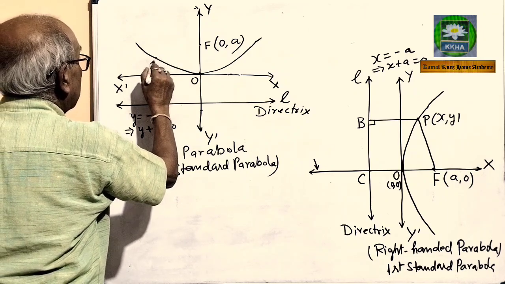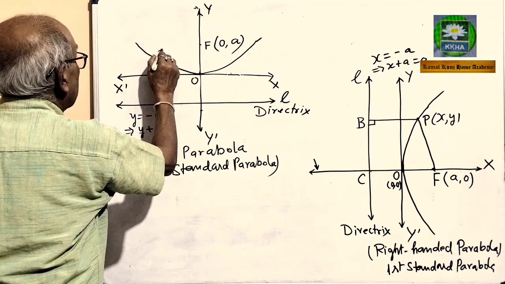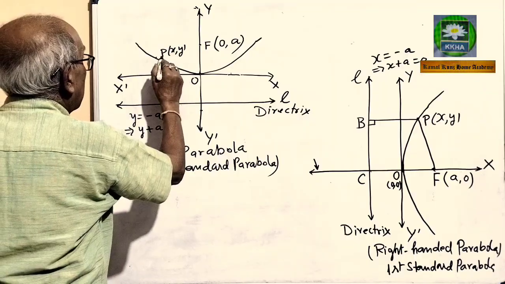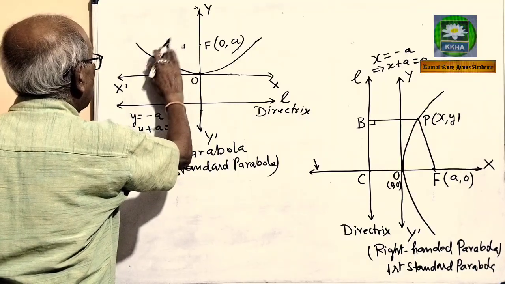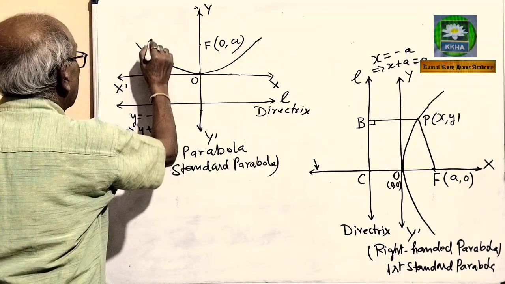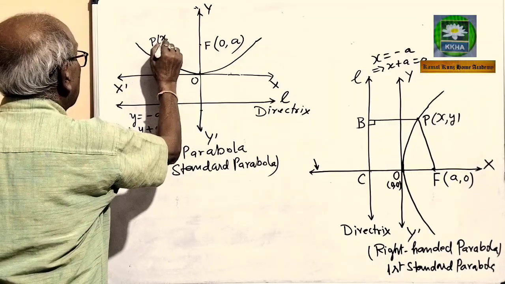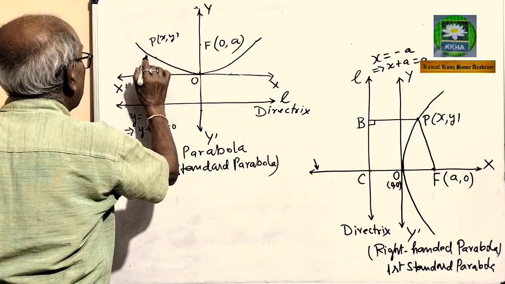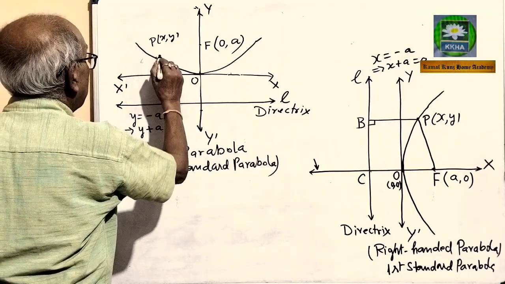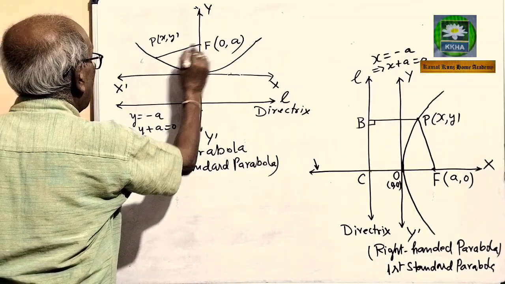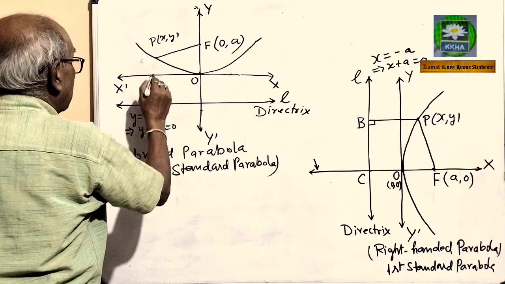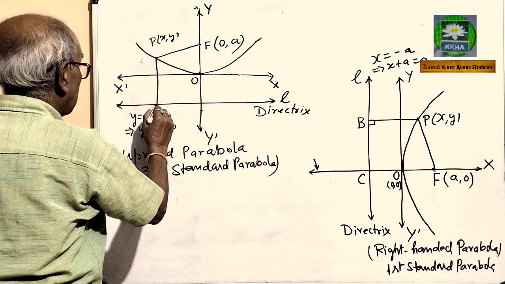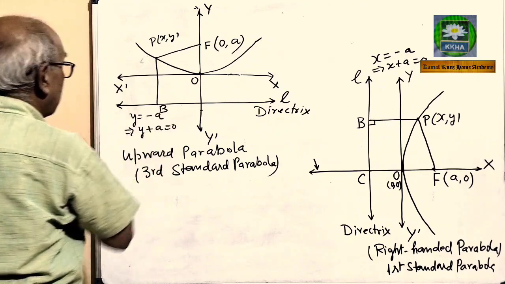This is any point (x, y) on the parabola. Suppose this point is P, so join PF, and from P draw perpendicular to directrix, PB.